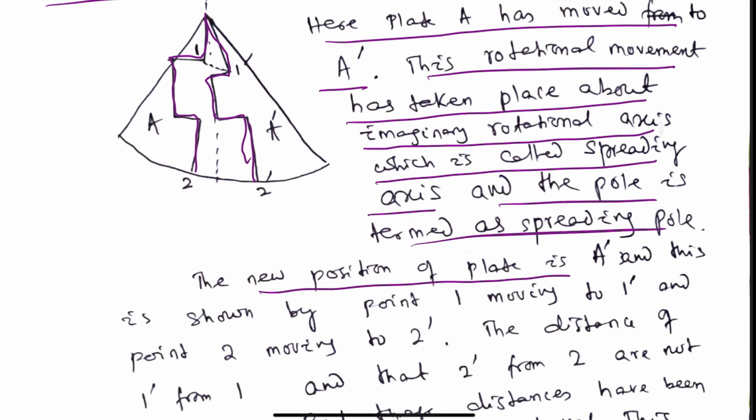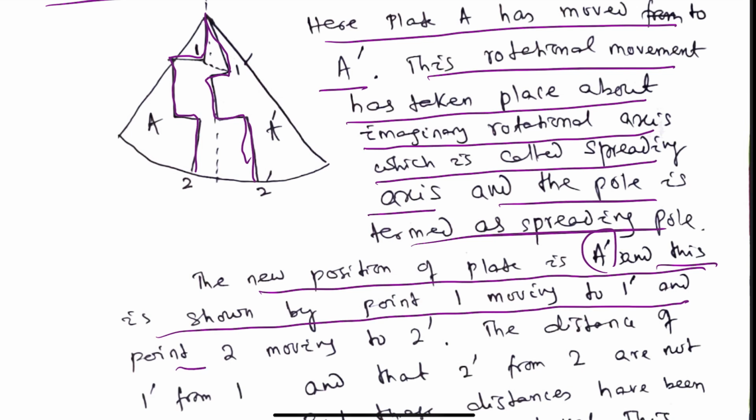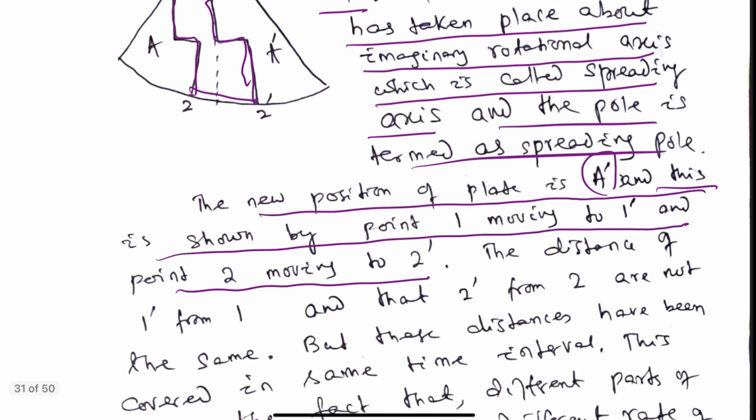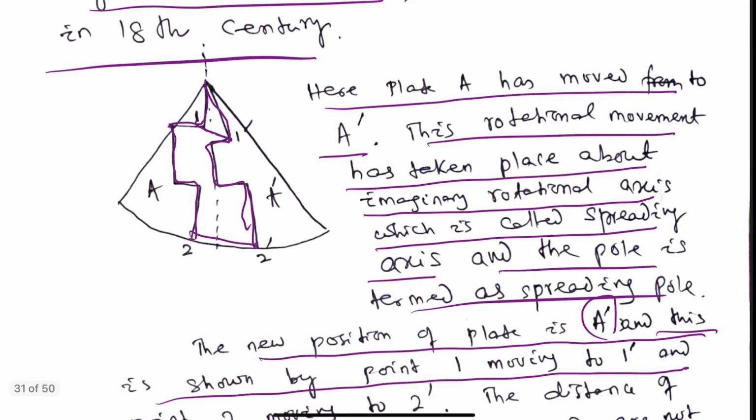The new position of the plate is A dash, and this is shown by the point 1 moving to 1 dash and the point 2 moving to 2 dash.